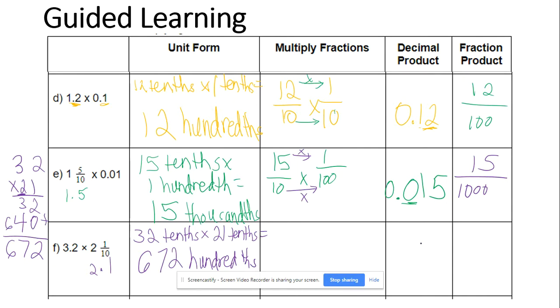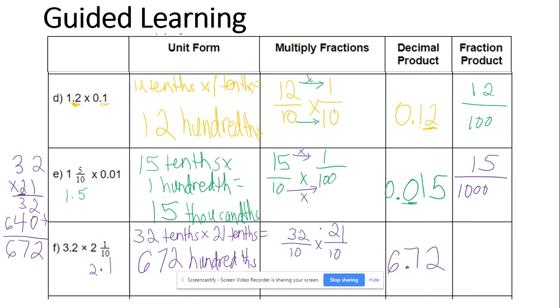So let's start by writing that as a decimal. The 2 is in the hundredths place. The 7 is in the tenths place, putting the decimal point to the left of the tenths place, and moving the 6 to the ones place. So 672 hundredths is the same as 6 and 72 hundredths. Now let's try writing as a fraction. 32 tenths can be written as 32 over 10 times 21 tenths, which can be written as 21 over 10.